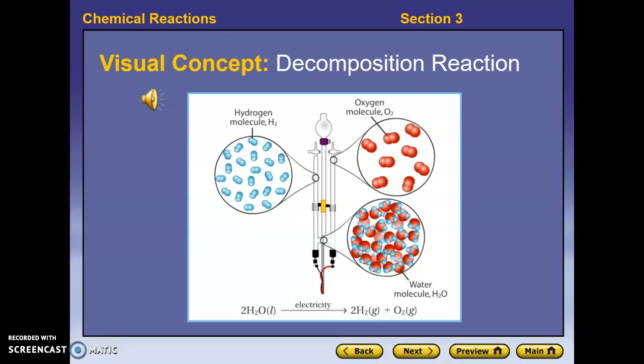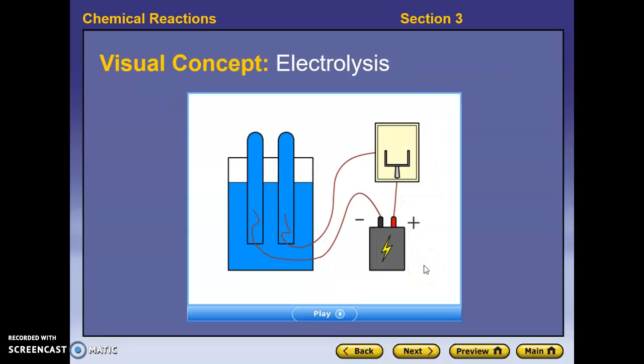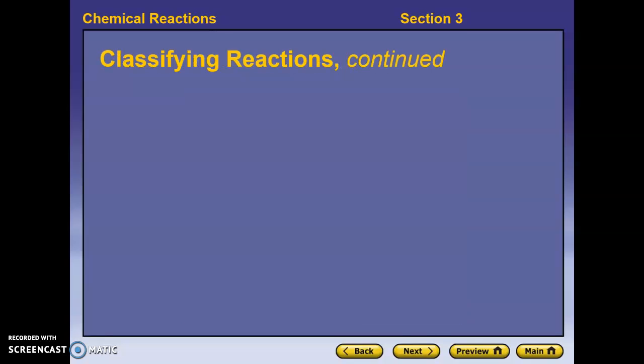So it requires electricity as the energy source in order to make this happen. But when there is water in these two flasks or these two tubes, and you introduce an electric current, the water actually separates into hydrogen gas and oxygen gas. And just another simplified version of that.